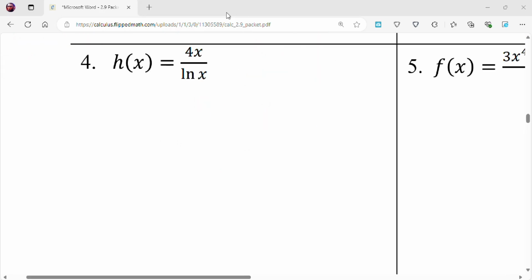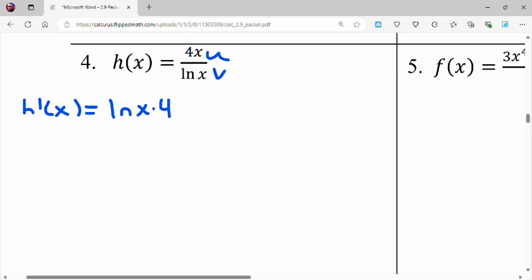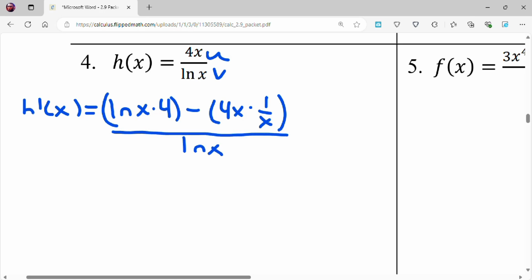So number 4, we have h of x equals 4x over ln x. So identify v and u. Okay. h prime of x equals v times u prime. So v times u prime, the derivative of u, the derivative of 4x, which is 4. Minus u, which is 4x, times the derivative of ln x, which is 1 over x, divided by ln x.